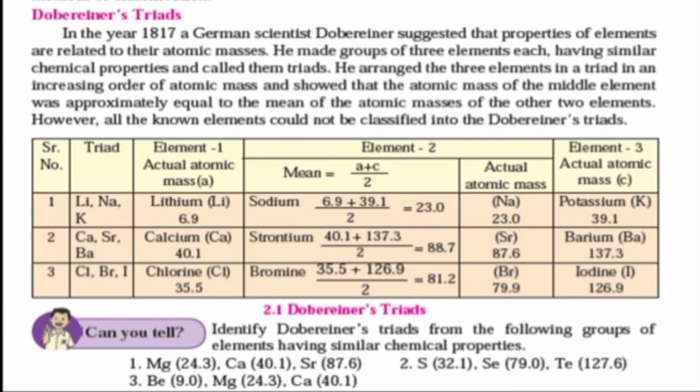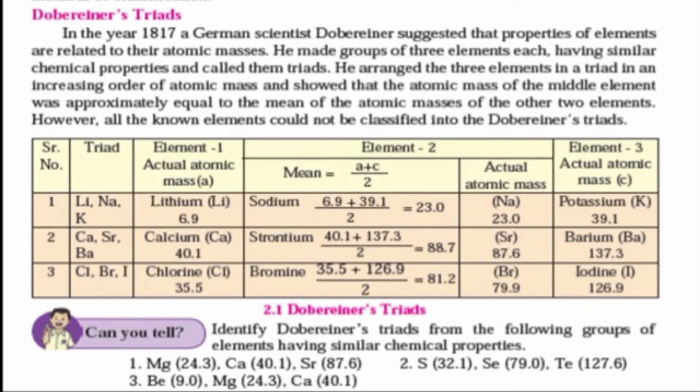Similarly, the other 2 examples show that the average of the extremes is equal or approximately equal to the atomic mass of the middle element, such as calcium, strontium, barium, and chlorine, bromine and iodine.